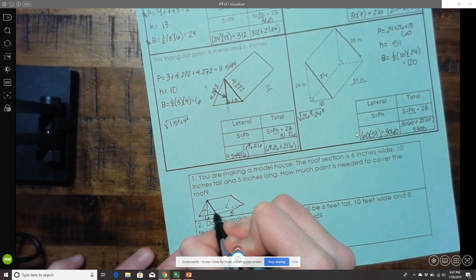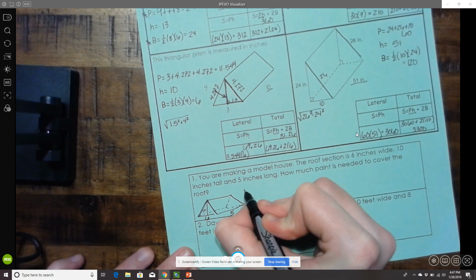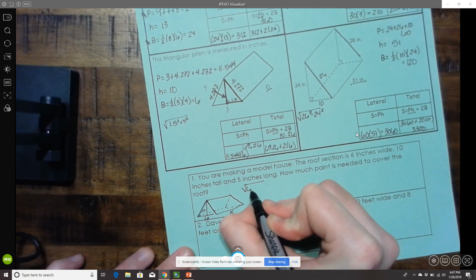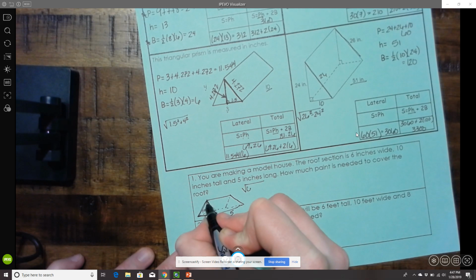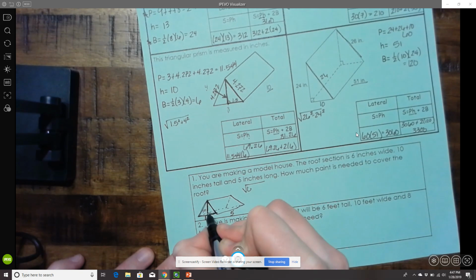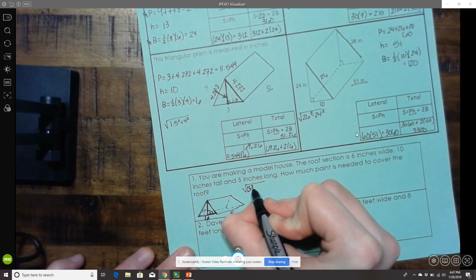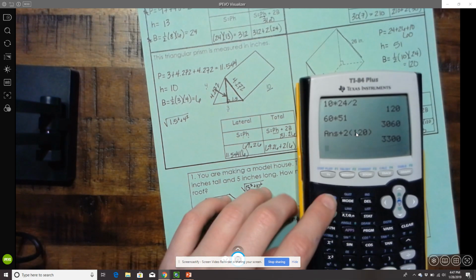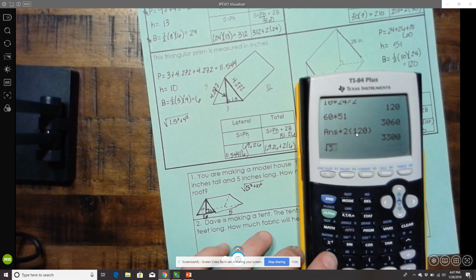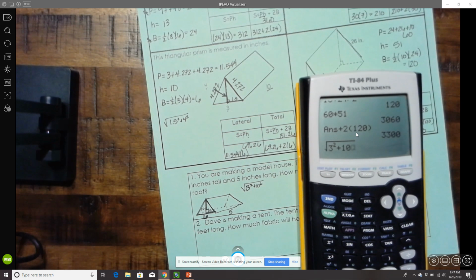So again, I don't have these two sides of my triangle. Whoop. So I have to cut this in half because this is all the way across, and I just need to do one of these triangles here. So that would be 3. So I would do 3 squared plus 10 squared and square root it.